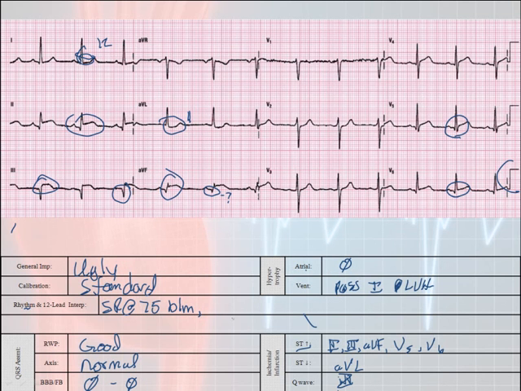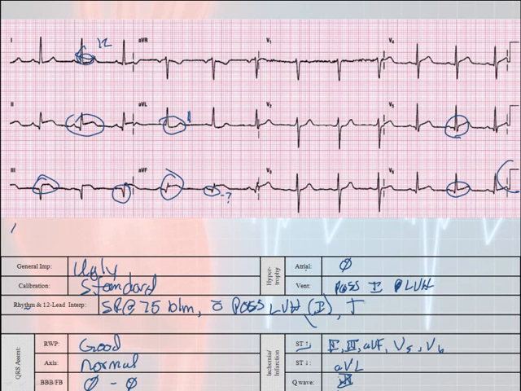So how do we determine this, or how do we interpret this? Sinus rhythm at 75 beats a minute. And like I said, just start here and work your way across all of the interpretation. Sinus rhythm at 75 beats a minute with possible LVH in lead 1.